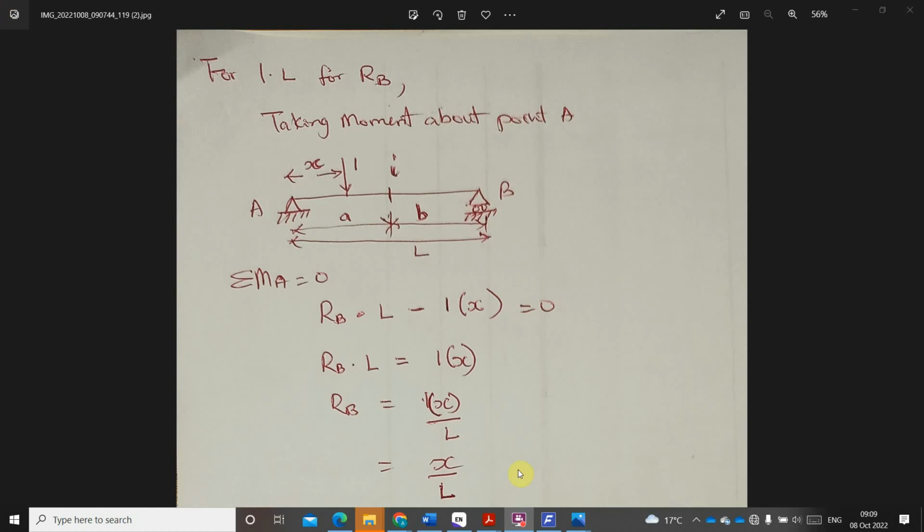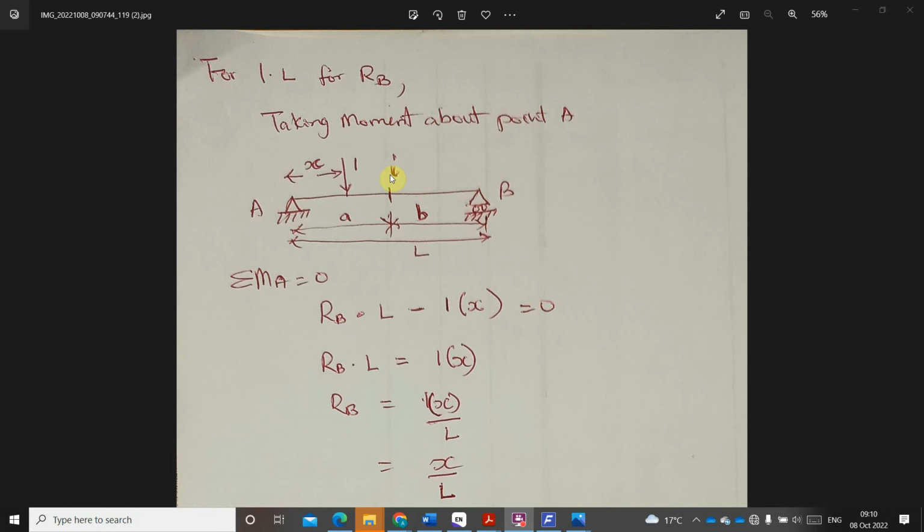Mind you, since we have RB to be S over L, when we put our S value equal to 0, we have our RB equal to 0. That is, if you are drawing the influence line for point B, at this end A, when S is 0, our reaction at B will be equal to 0.